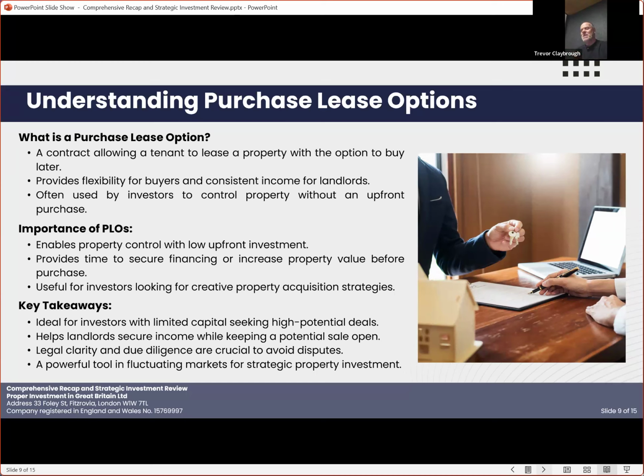The obvious thing is looking for properties that are both for sale and for rent at the same time, and the other thing is to know all the right questions to ask and the right approach to the landlords when you're viewing the properties. So these are creative options to apply to any different type of property.